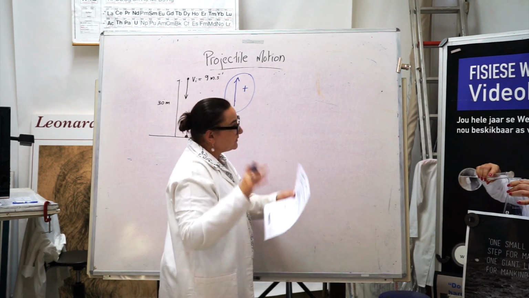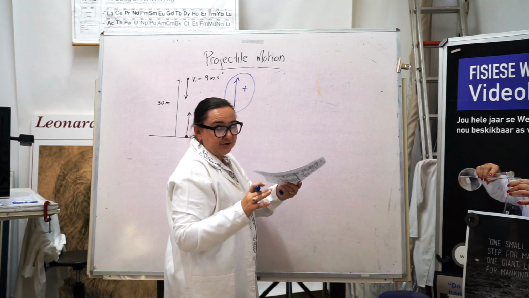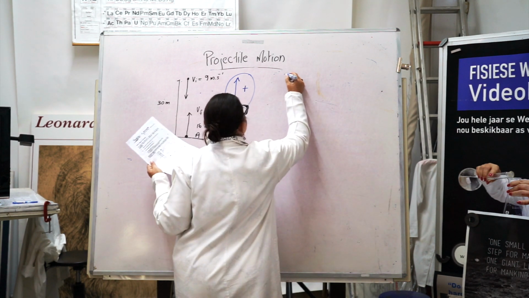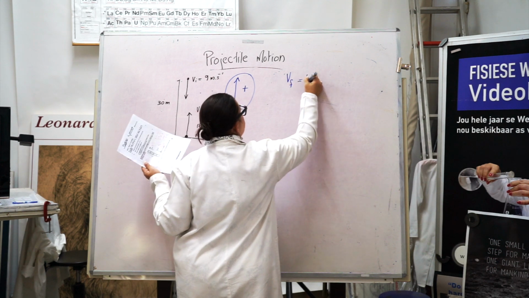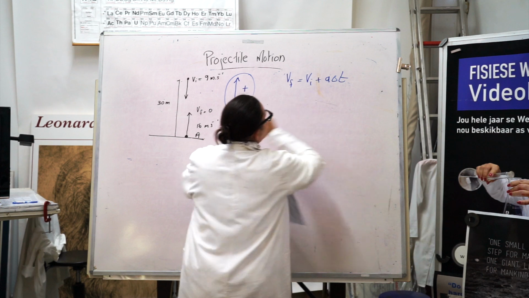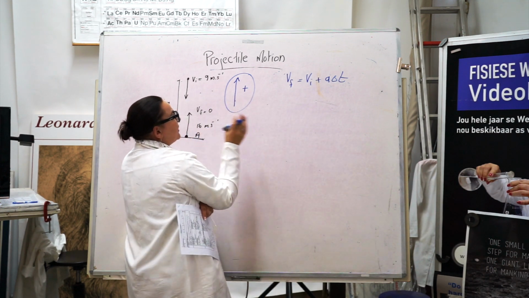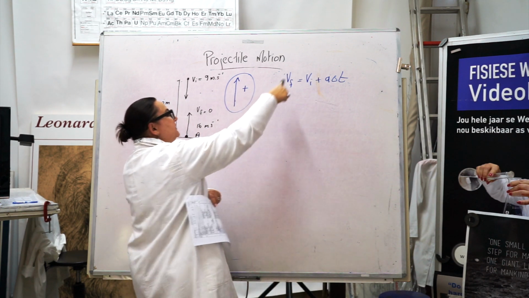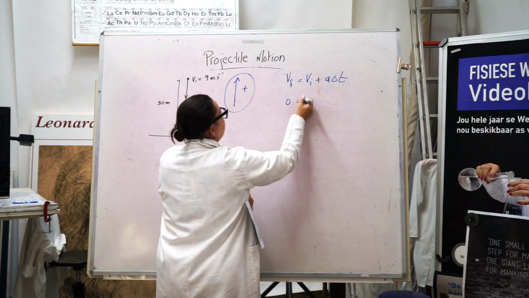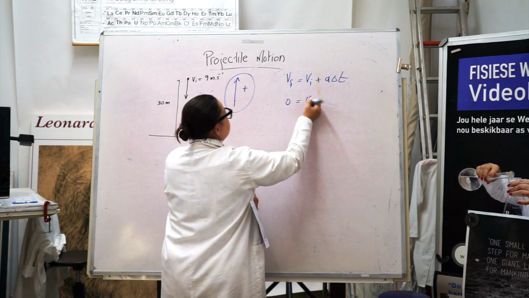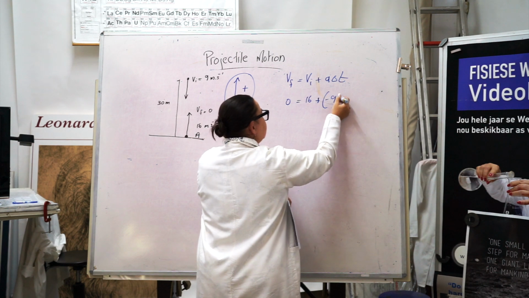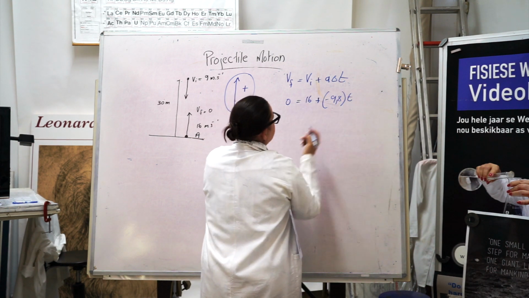You have to get used to trying one formula and then changing to another, which is fine. So I do have my final, I do have my initial, plus a delta t, I do have my acceleration. Remember, acceleration is downwards, so I'm going to put in a minus there. So for your final 0, for your initial 16 plus minus 9.82.